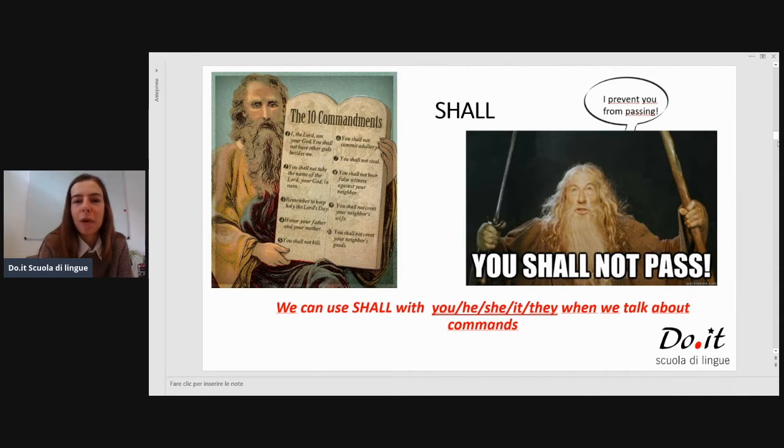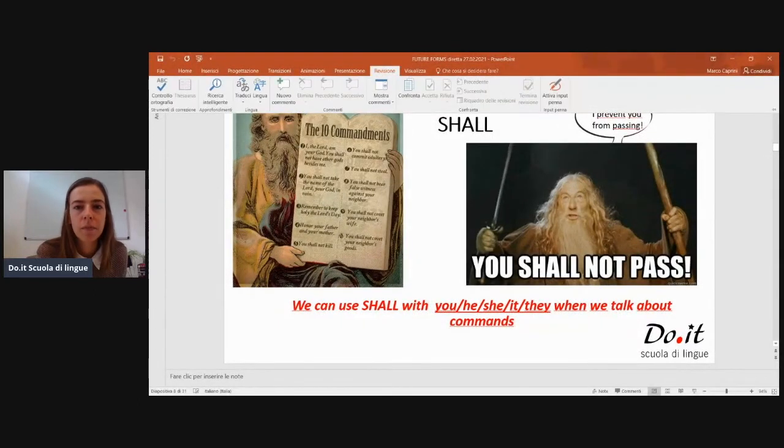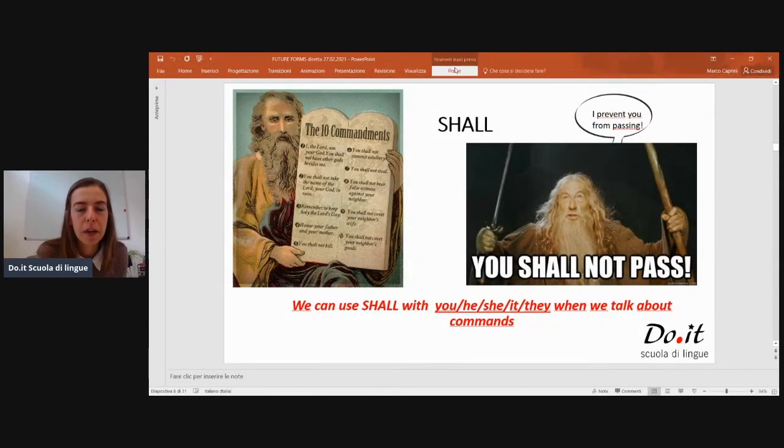On the other hand, guys, maybe you are aware of the 10 commandments. This is Moses. You can see Moses holding the 10 commandments. So also here, if you have a look at this, I'm going to make it red for you so you can see it better.